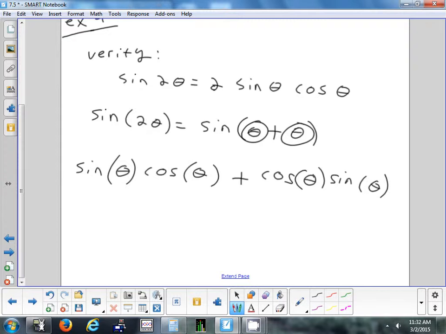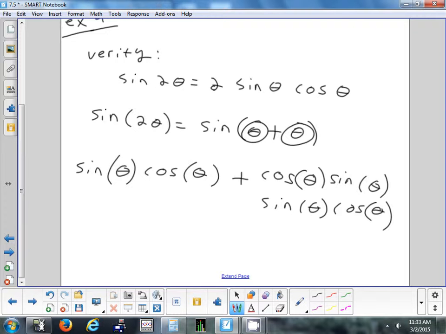Okay, Darren, if you compared sine times cosine to cosine times sine, what would happen if you switch the order you multiply in? It's the same thing. So think of this. This is sine times cosine. You could write this way if you wanted to switch the order. Sine times cosine plus sine times cosine.